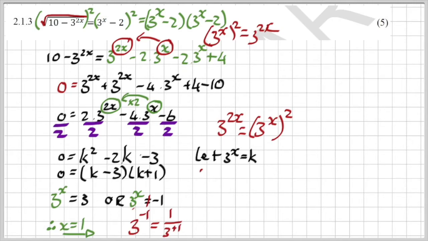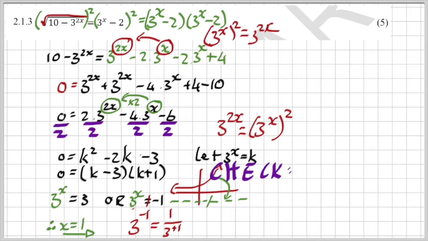When you think about a graph of 3 to the x, and I'm looking at the value of negative 1, there is no place where my graph is going to equal negative 1. This is just a visual way of thinking about it, okay? I love to think about things visually. But because we worked back to the sum, because we worked with a square root, I am still going to check my answers.